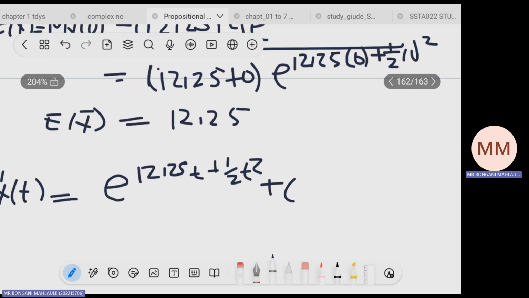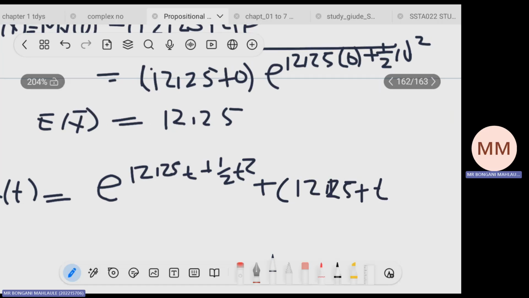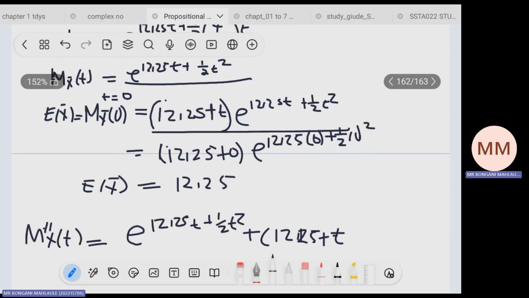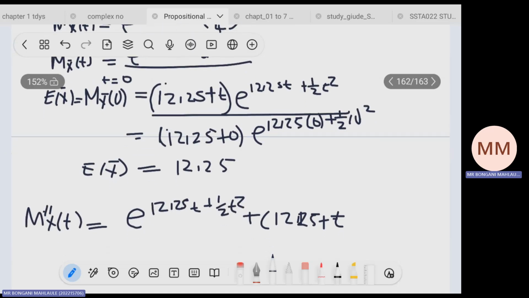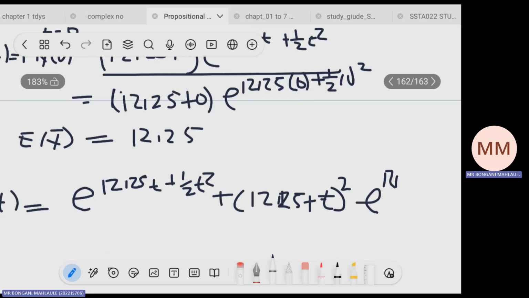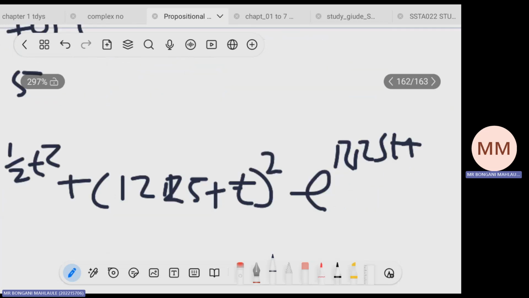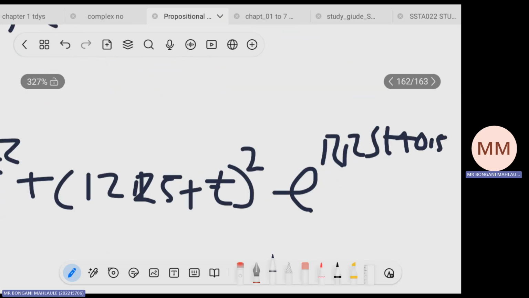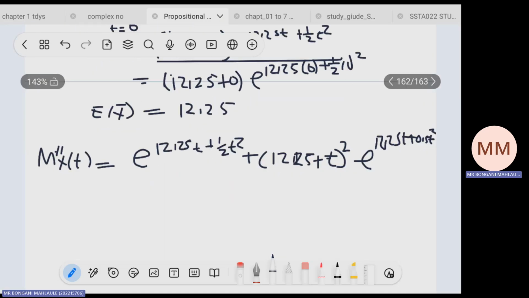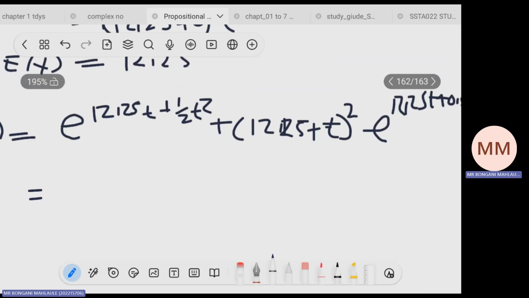Since we're using the product rule, you keep this one plus t, and then this will be all squared because it will give us the same answer as that when you differentiate, and then you write the original equation as it is plus 0,5 t squared. So now you just substitute your 0.